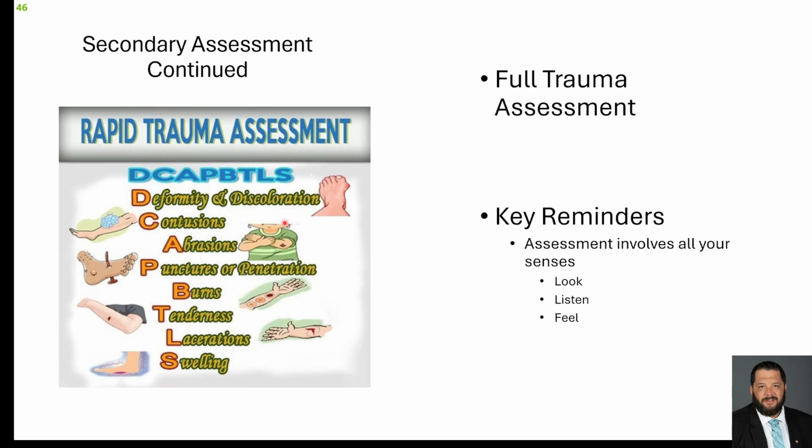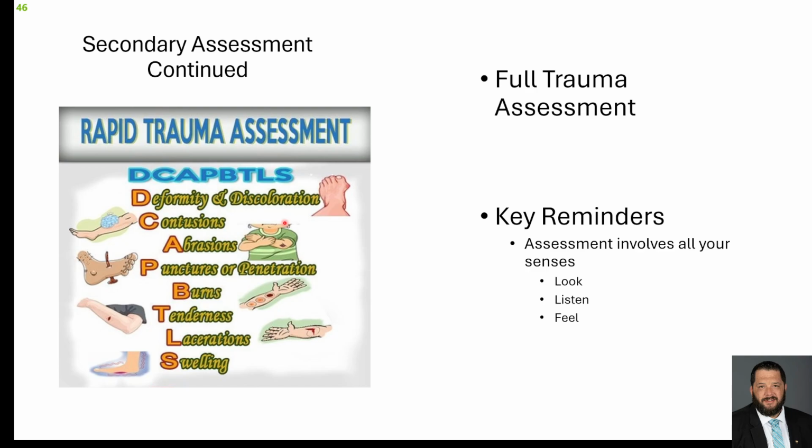Your rapid trauma assessments, and again, we'll go into this much deeper in subsequent lectures, but it's a full head-to-toe trauma assessment. And remember that your assessments involve all of your senses, so look, listen, and feel. If you can't see it, you can't assess it. Okay, so this is typically for a patient that is completely unresponsive, that you need to get a full body assessment, a head to toe on.